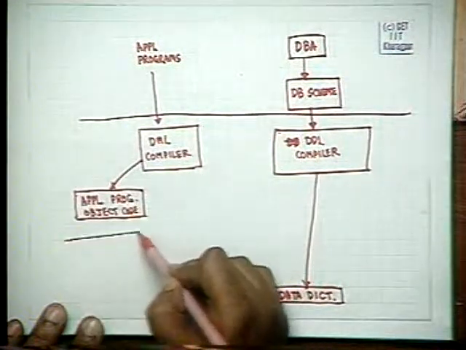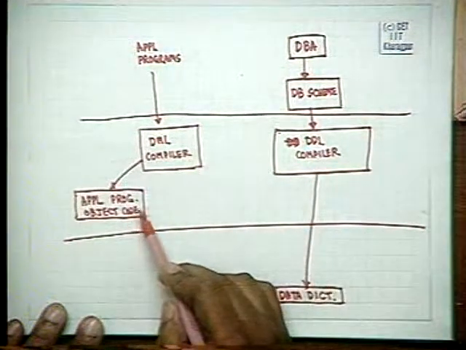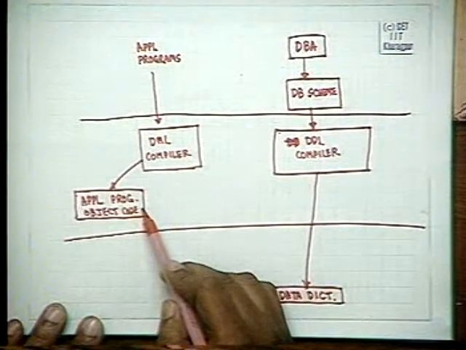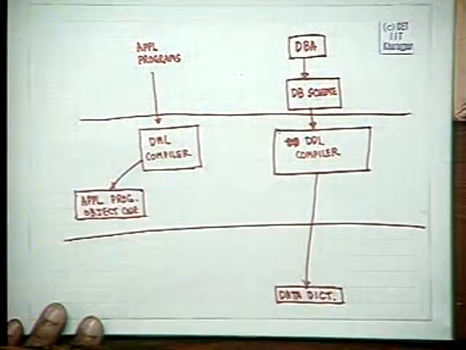Now, this object code will have to interact with the file system. All right. This interaction with the file system is not done directly.